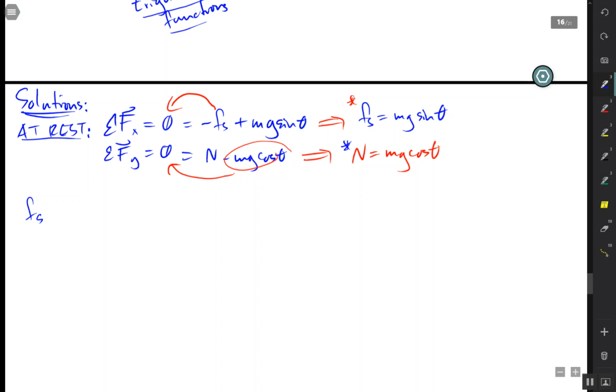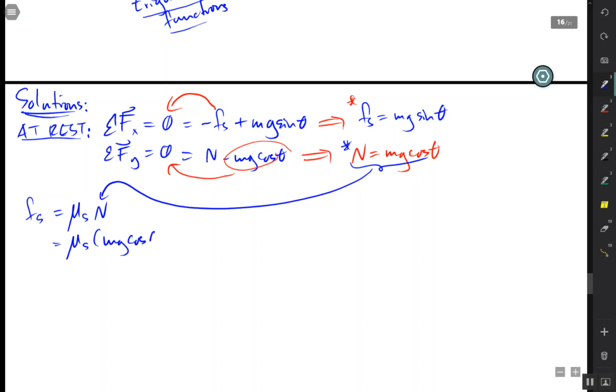The force of static friction is equal to mu s N, right? And wait a minute, we have N is equal to mg cosine theta. Alright? And wait, one more. Static friction is equal to mg sine theta. And hopefully you're able to see where I'm going with this.